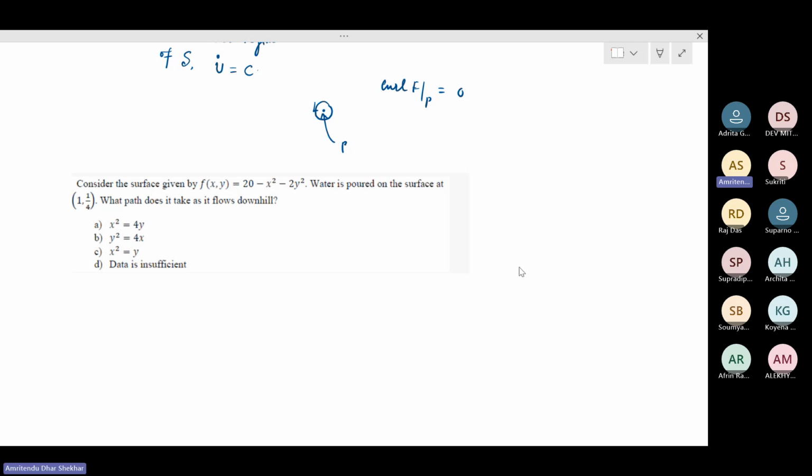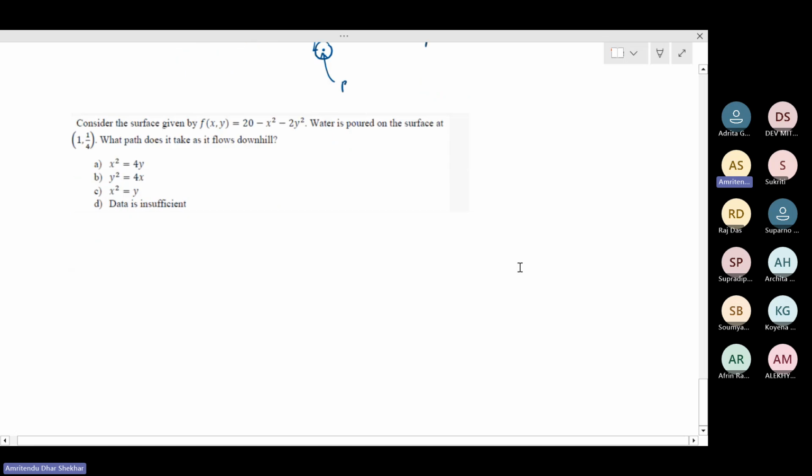Okay, let me just write down one concept over here. It's called the flow lines of a vector field. So what does this mean?